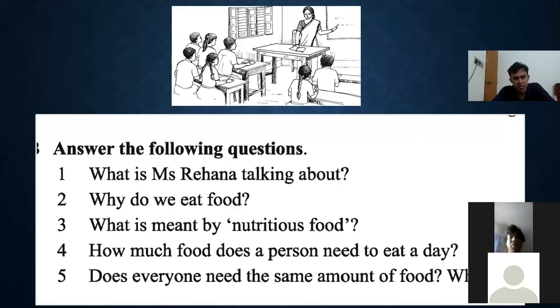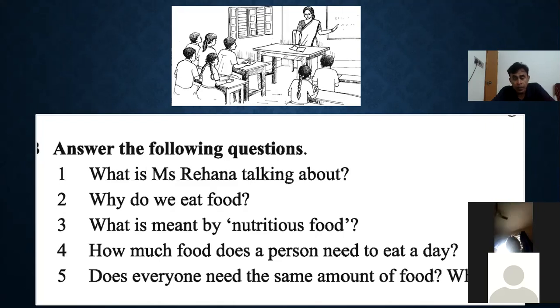What is meant by nutritious food? Nutritious food means that food which ideally contains natural substances that our body needs or requires.